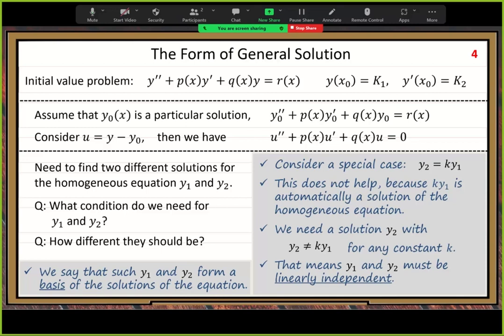That rationale. All right? So y2 should not be any constant multiple of y1. Then your y1 cannot represent y2, right? Because y2 is a totally different new function. If y2 equals constant multiple of y1, we cannot say y2 is a totally new different function, right?